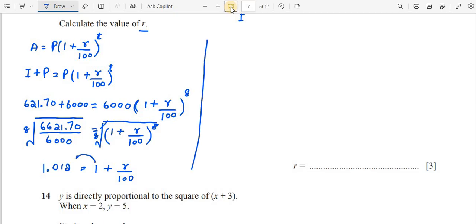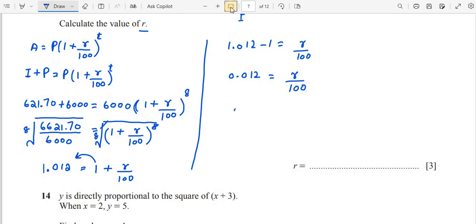So shifting this to the other side, 1.012 minus 1 is equal to R over 100. So 1.012 minus 1 is equal to 0.012, which is equal to R over 100.